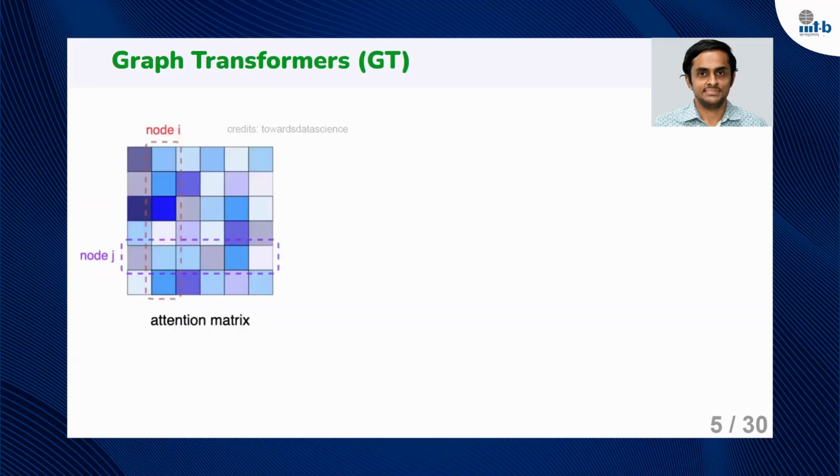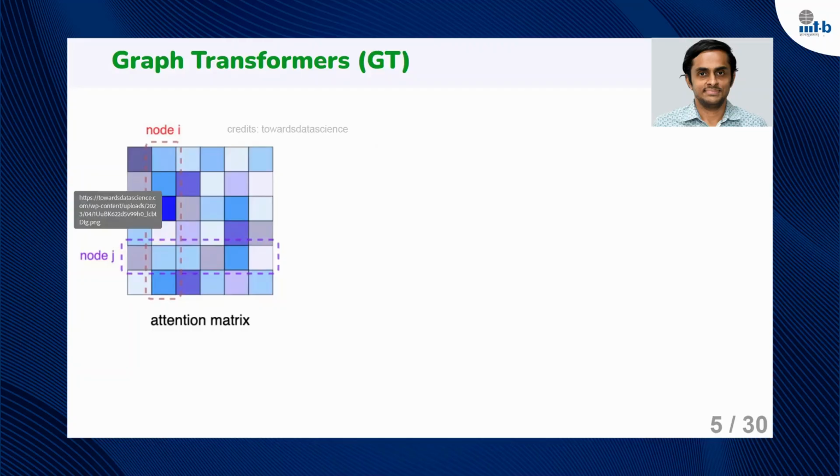We want to analyze what are called graph transformers, GTs, which are used on graph structures. So we have this attention matrix, but instead of words, we have nodes representing rows and columns. The attention matrix looks at all pairwise relationships between nodes, so all nodes attend to all other nodes in the input graph.